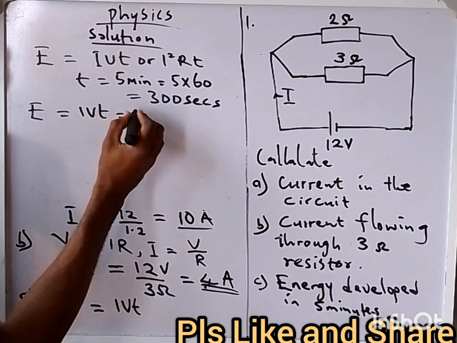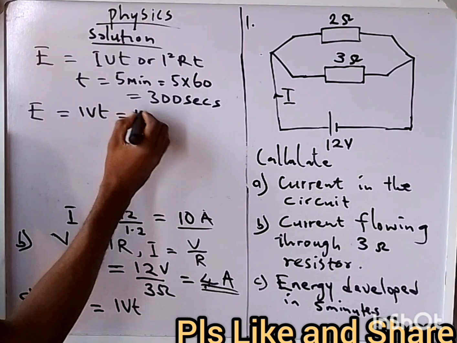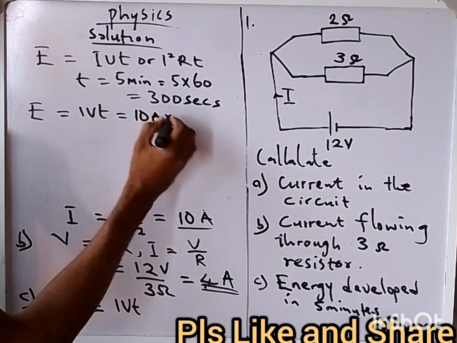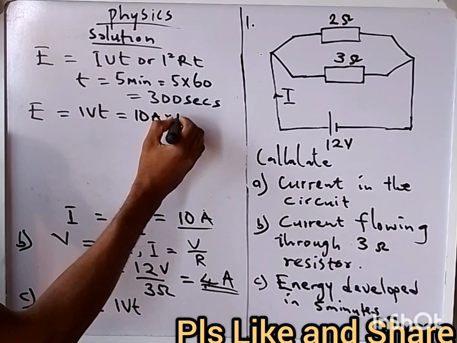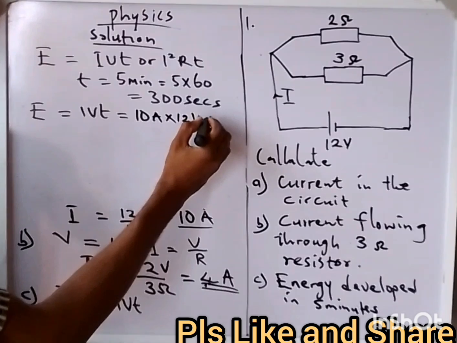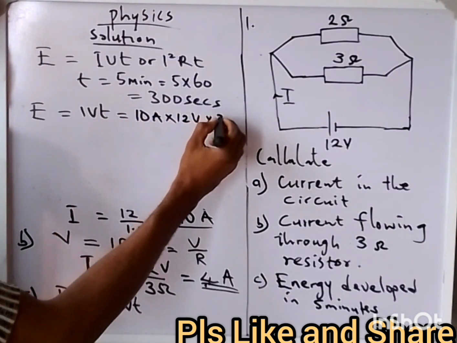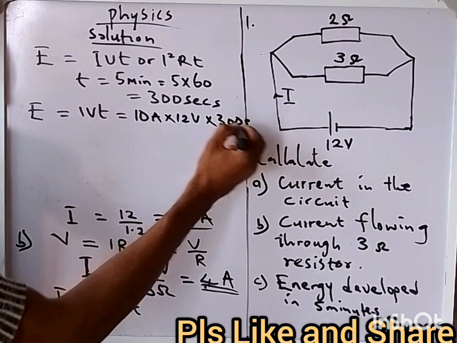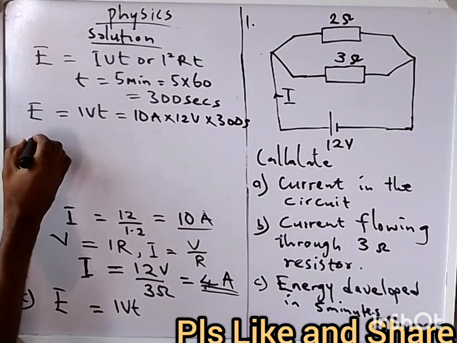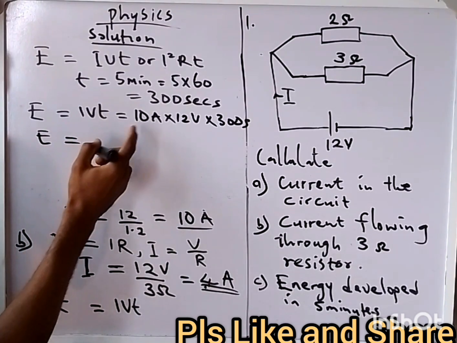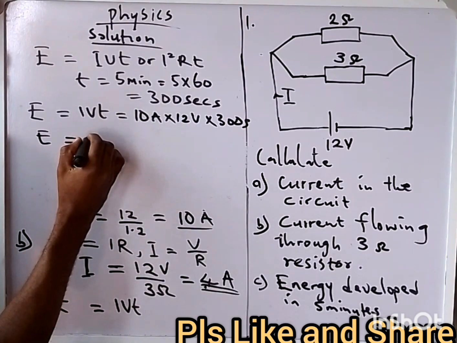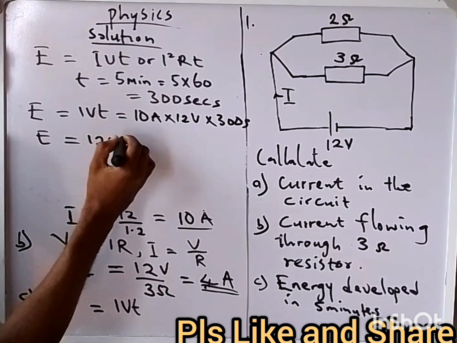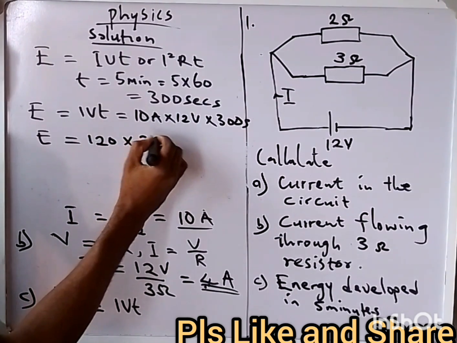I here is current, and current is 10 ampere, multiplied by V, 12 volts, and T, 300 seconds. So my E is going to be 10 times 12, which will give me 120 times 300.